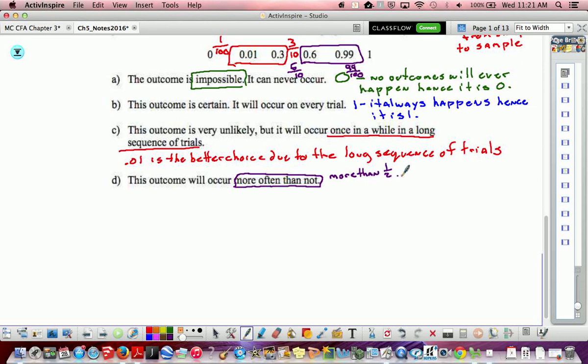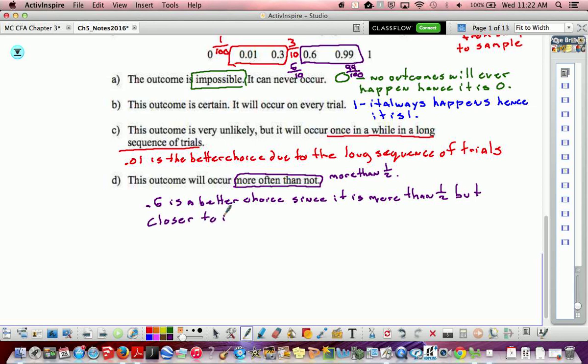So which one's closer to more than half? 0.6. So 0.6 is a better choice since it is more than 1/2, but closer to it. You could also say that 0.99 would be almost like saying almost certain. You know, there's that one chance that it might not happen.